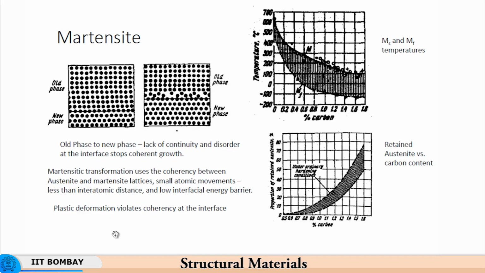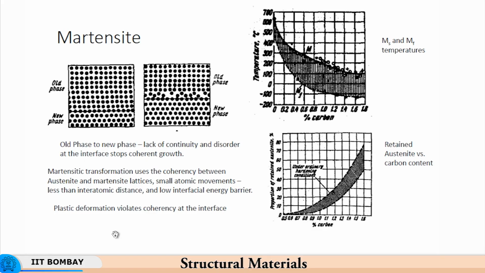So, martensitic transformation is a very important transformation which uses the coherency between the two lattices, austenite and martensite. The old phase essentially is austenite in this case, and the new phase is the newly formed martensite. And wherever there is a lack of coherency, the transformation is stopped.